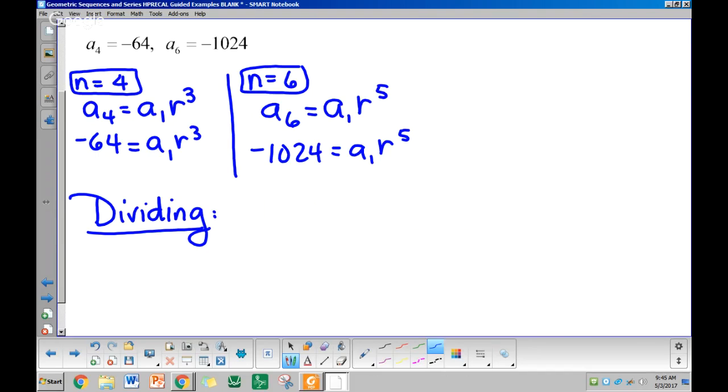I think that you should always put the R that has the highest exponent on top. Okay, so I'm going to say negative 1024 over negative 64 has to equal A sub 1 R to the fifth over A sub 1 R to the third.